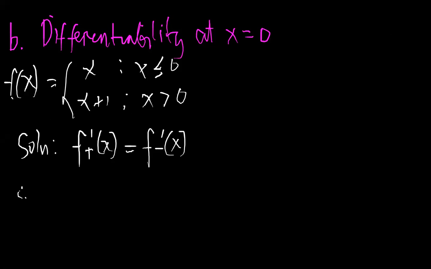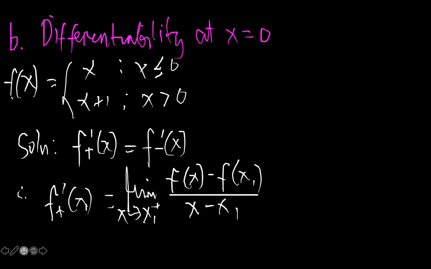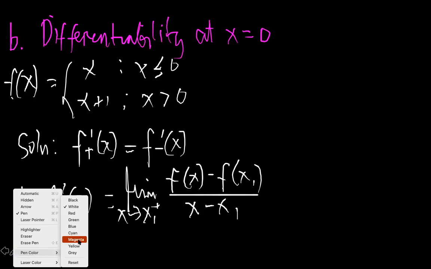Let's talk about f prime of x from the right, which is equal to the limit of the derivatives, or the slope. So f of x minus f of x1 over x minus x1 as x approaches x1 from the right. Here we go.